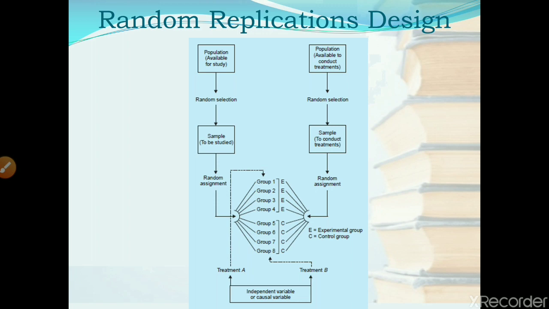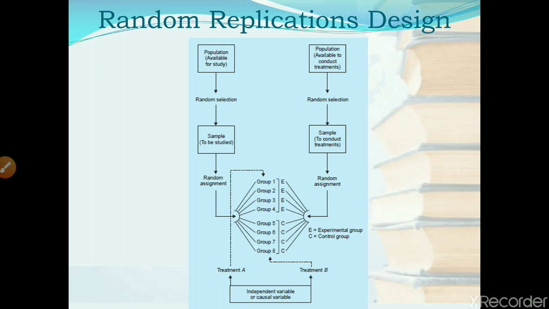First, when I started, I got the fly ash from one source. Then for another batch, I got it from another source. Then there may be a difference of properties in the fly ash. So that again will create another extraneous variable. To remove that, we have the two group simple random replication design.